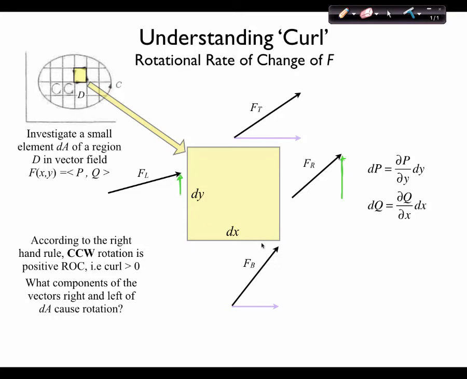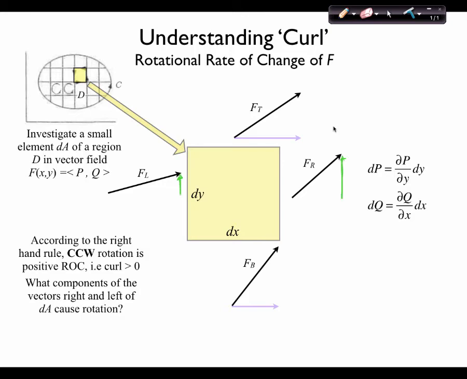So a positive dq/dx gives me counterclockwise rotation. That matches up. Now what about dp/dy? For an increase of y, if I have an increase in p, does that contribute to clockwise or counterclockwise rotation? Clockwise. So with p, it's the opposite effect.